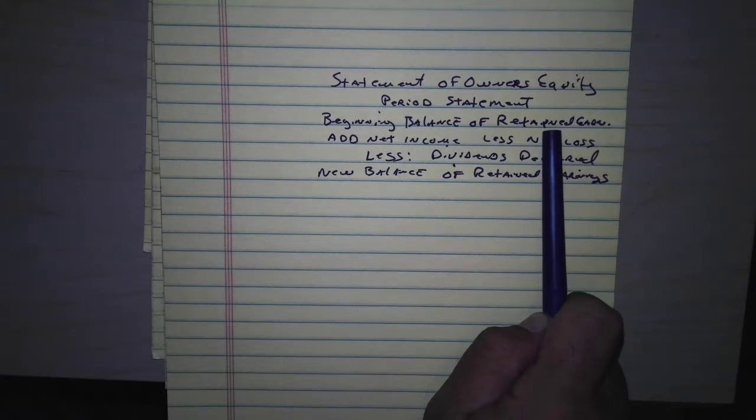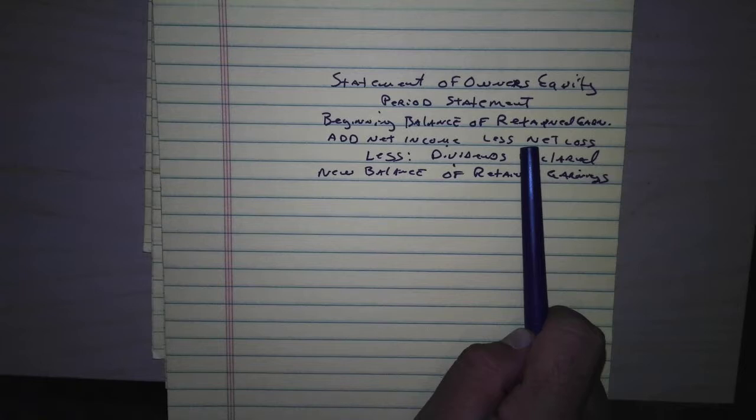So that's basically a good analogy for the statement of owner's equity. Last year after the Cubs season was over, you could look back and say, we had this many wins and losses from the beginning of our team, and now we add to it the World Series and all that stuff, and now we have a new look at the overall picture of the Cubs.